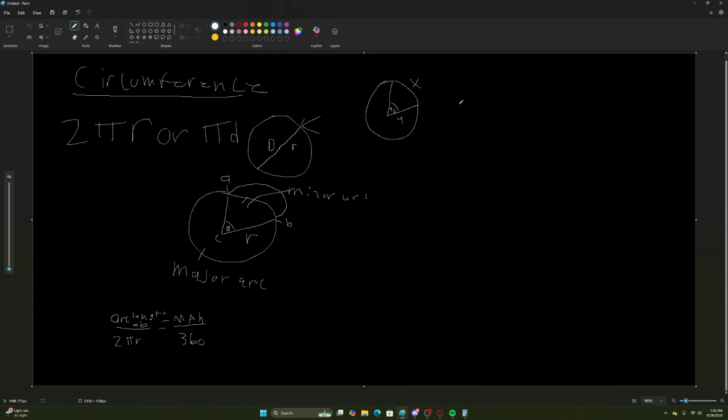This is going to make the equation look like this: the arc length, which we don't know because that's what we're solving for, over 2 pi radius, or diameter pi, doesn't matter either way, is going to equal the measurement of AB, this little arc here, which is 40, over 360.